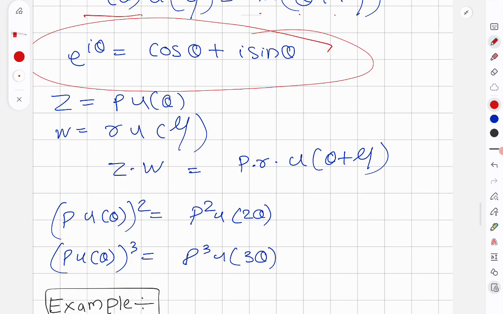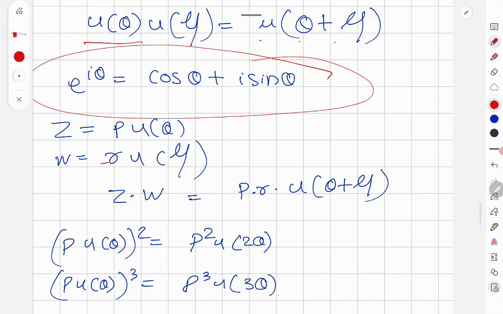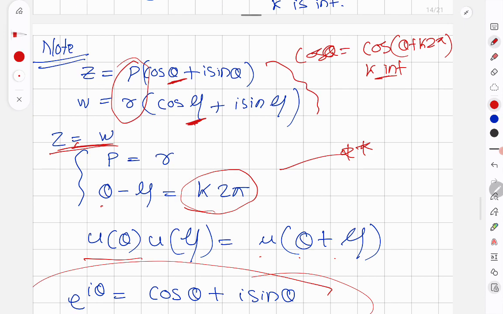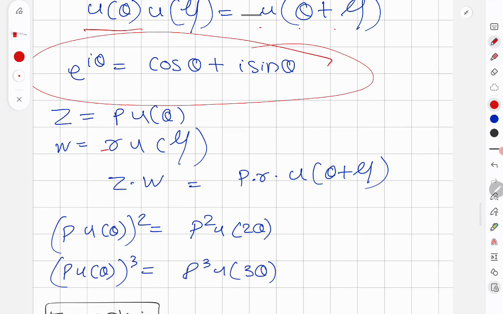Coming back to your question, instead of writing this very big thing, rho (cos theta plus i sin theta), I will just write rho e to the power i theta. So if I have written e to the power i theta, that means cos theta plus i sin theta.